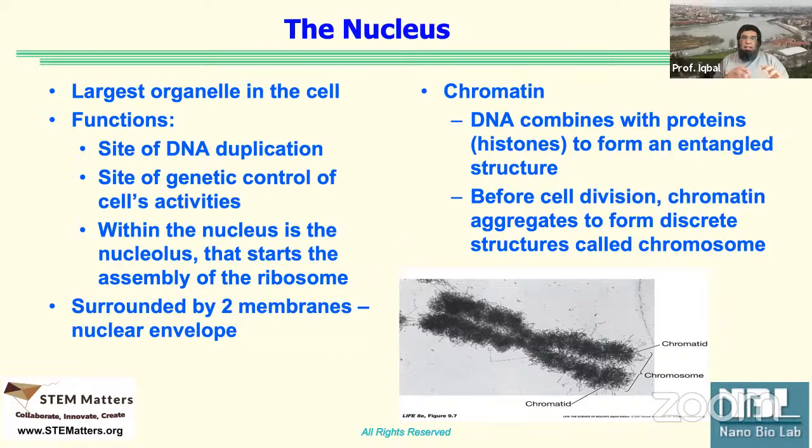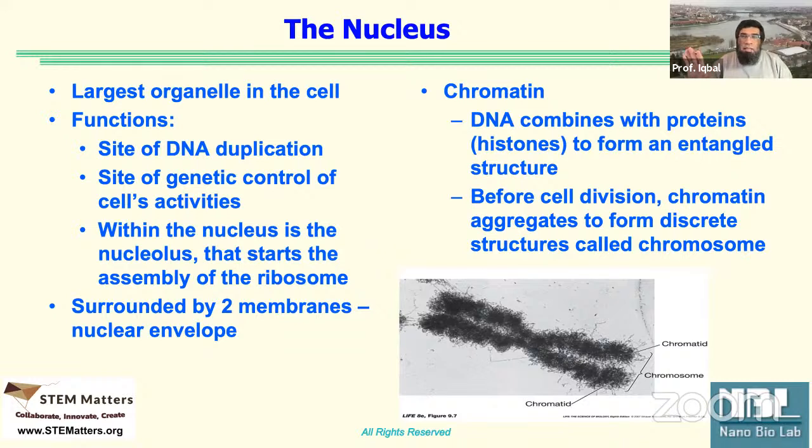Right? And then there are some molecules that come together. There's a thing called chromatin. So chromatin becomes active before cell division, and it changes the whole DNA into the kind of shape shown in this figure. This shape of DNA before the division is called a chromosome.